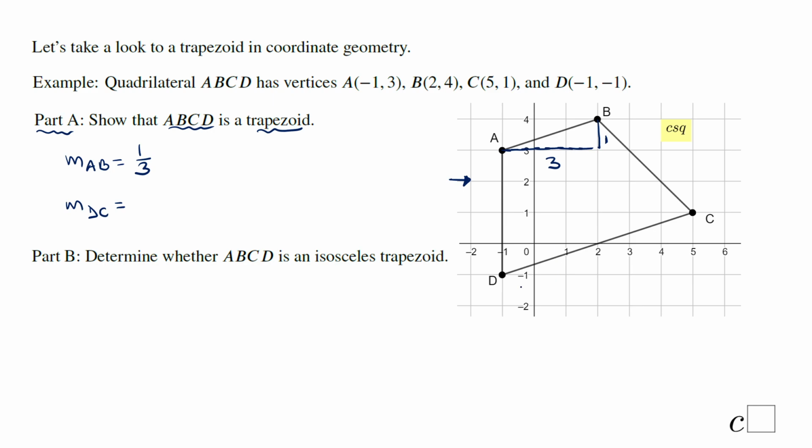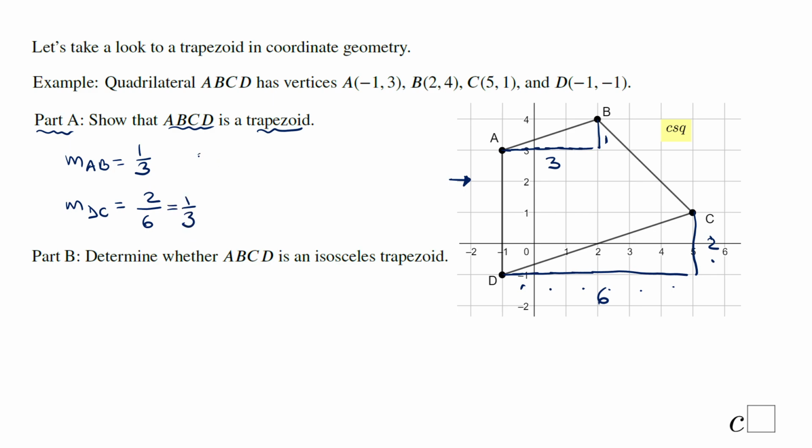The opposite side. And again, I'm going to draw this triangle, and I'm going to count, and I have a rise of 2, and a run of 1, 2, 3, 4, 5, 6. Okay, which can be simplified as 1/3.